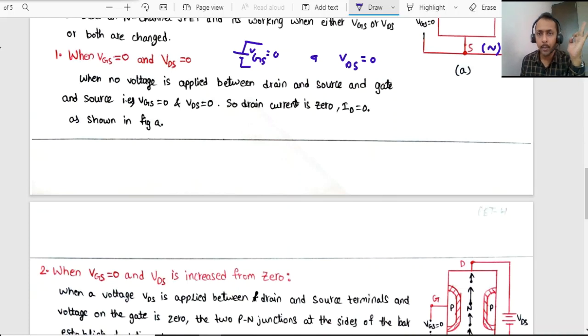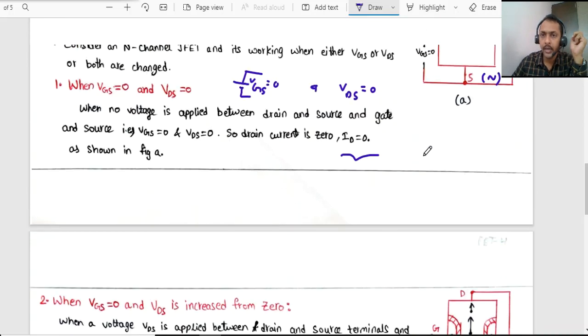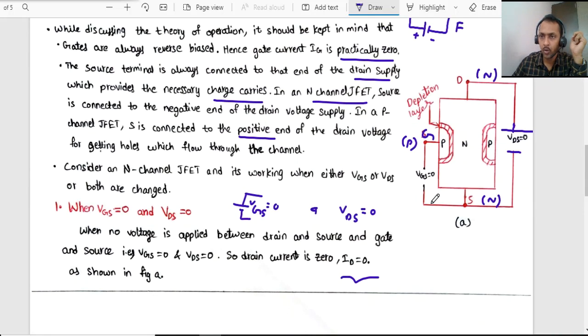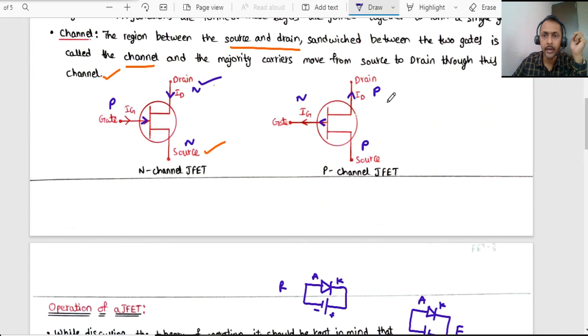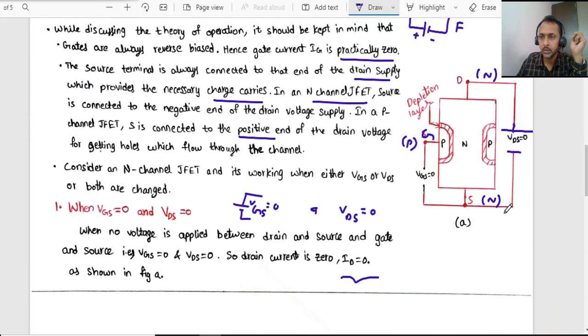When no voltage is applied between the drain and source, and also between the gate and source, the drain current will be 0. Very, very important. Simply there won't be any current flowing through the drain. The drain current ID will be equal to 0. In N channel the drain current direction would be outwards like this, but the current will be 0.